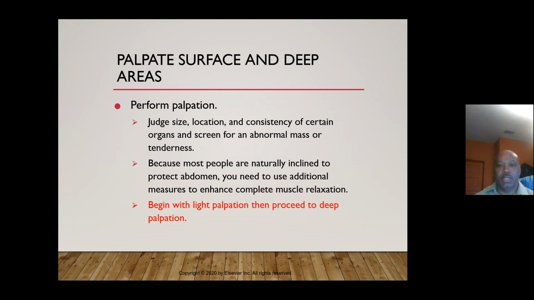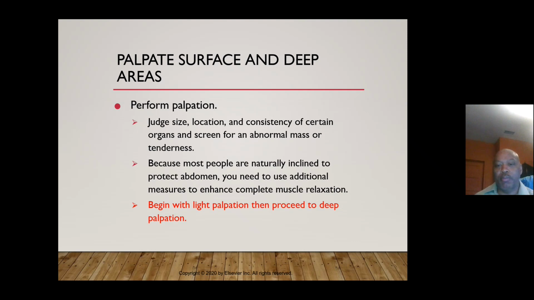All right, so as far as palpation of the abdomen region, we do palpate on the surface, and we also palpate the deeper areas. And so when we're palpating, we're trying to judge the size, the location, and consistency of certain organs, spleen, liver, a kidney, and so forth. And what we're trying to feel for is if there are any masses or even tenderness.